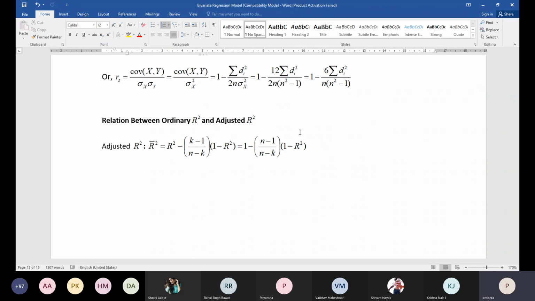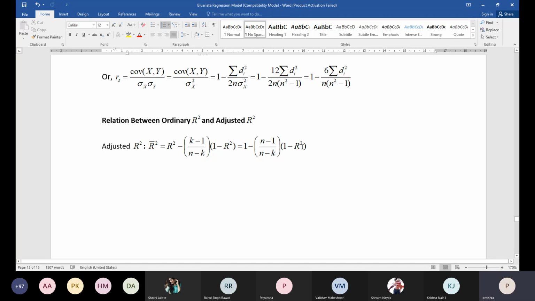So there are two opposite forces. On the one hand, with inclusion of more independent variables, R square value will go up. But at the same time, you will see this ratio will also go up.